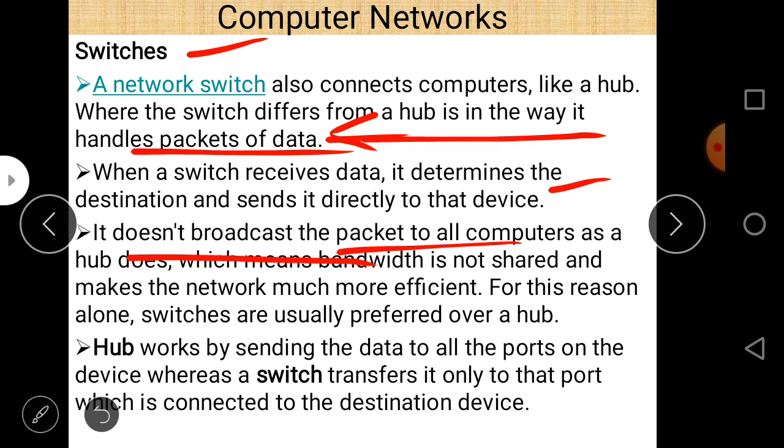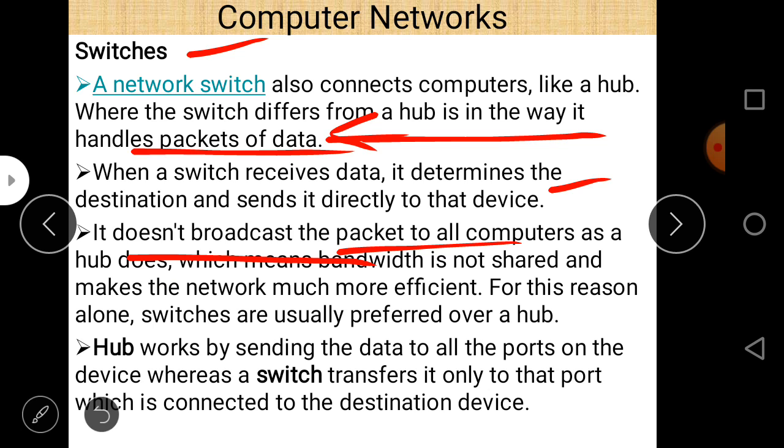So that is the basic difference between switch and hub, and it may be asked in an examination: what is the difference between switch and hub? Both are connecting devices, both connect different computers or different segments of a LAN, but a switch is an intelligent device and a hub is not. A hub basically broadcasts data or packets, but in the case of a switch it is not so.